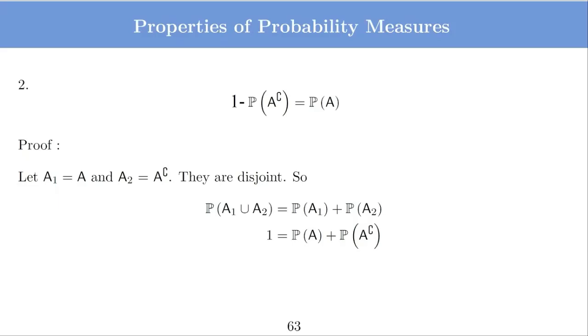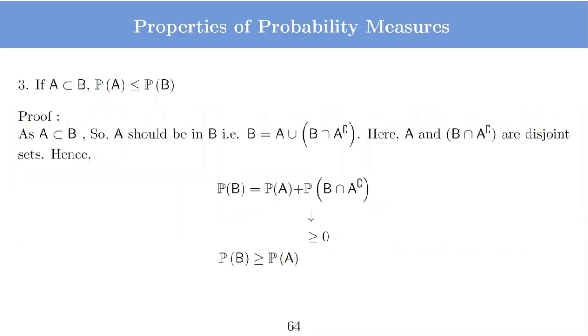So then we can say probability of A1 union A2 is equal to probability of A1 plus probability of A2. Probability of A1 is probability of A, probability of A2 is probability of A complement. So this means probability of A plus probability of A complement is probability of A union A complement. And we know that A union A complement is the complete omega space. Okay, so which probability is 1? So from this we can prove this property.